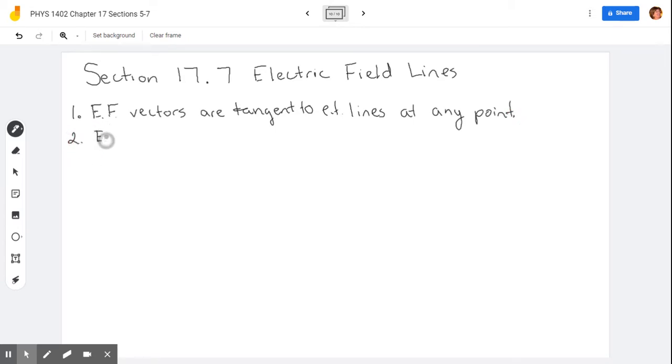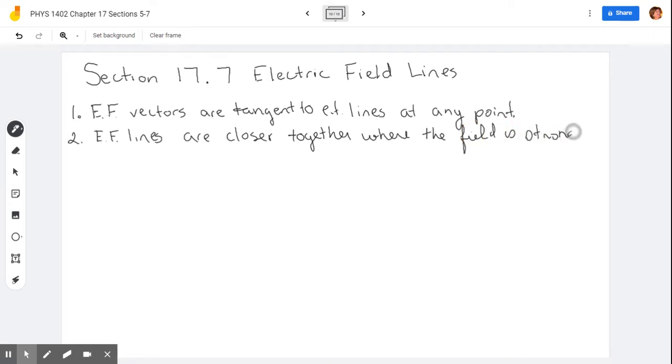Second, the electric field lines are closer together where the field is stronger.